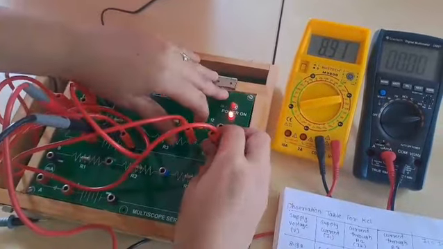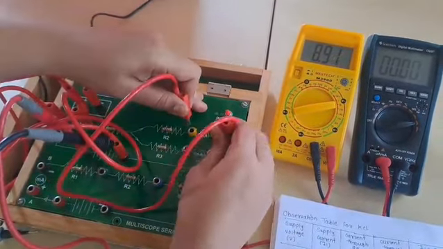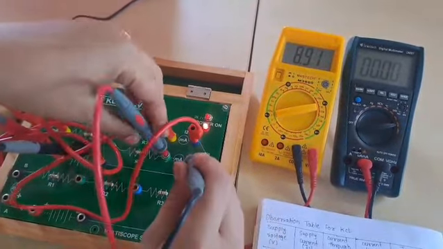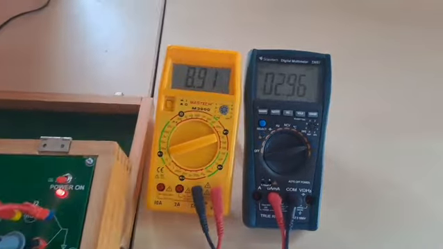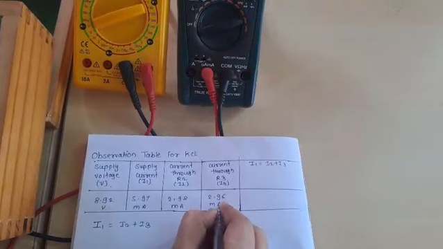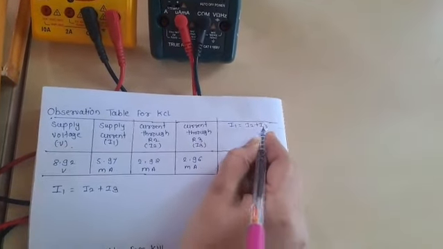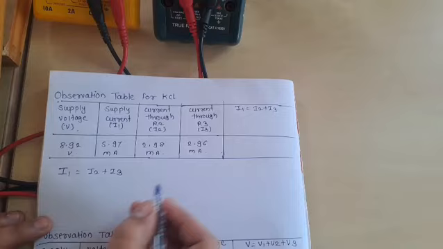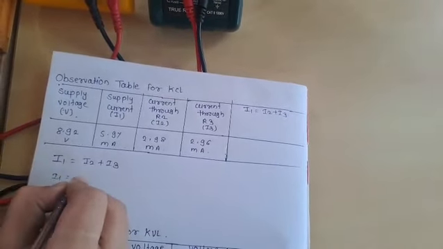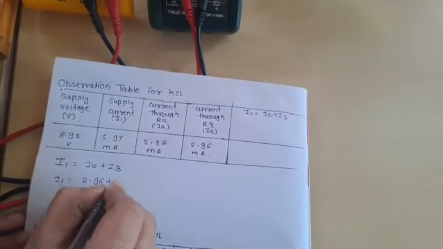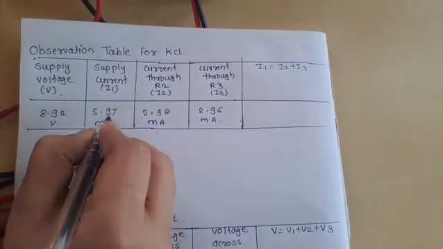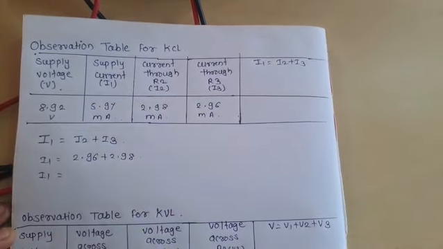So we open the knobs of I3 and short the knobs of I2. The value of I3 is 2.96 milliampere. The summation of I2 and I3 for the verification of Kirchhoff's current law: I1 equals 2.96 plus 2.98, which is nearly equal to 5.97.